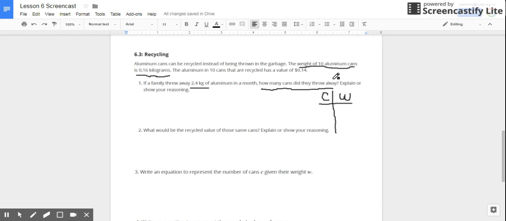You'll see why I use these variables later on the next page. In the information that's given to us, we know that if we have 10 cans, the weight is going to be 1/1600 of a kilogram. Now looking at our question, a family threw away 2.4 kg, and that's our weight.